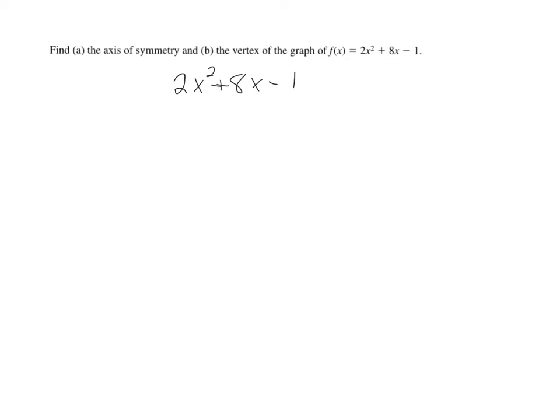We also know that this C is always the y-intercept. So if we graph this, we know it's going to cross the y-axis at -1. That's a little key that's going to help us with the graphing. We know that that's going to equal -1.